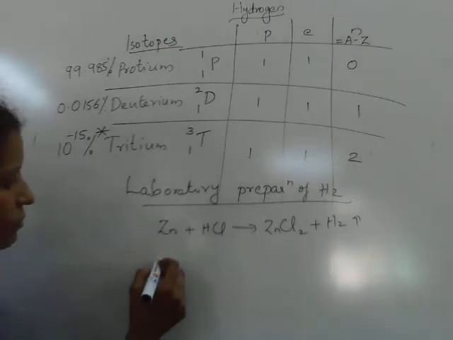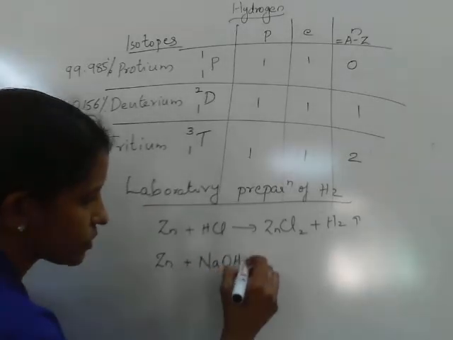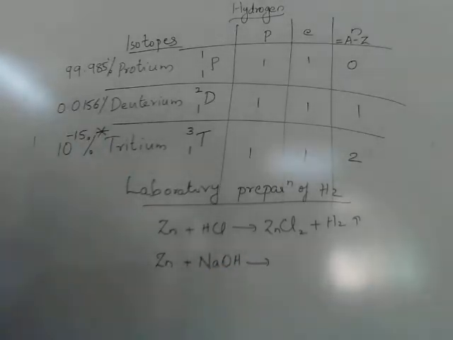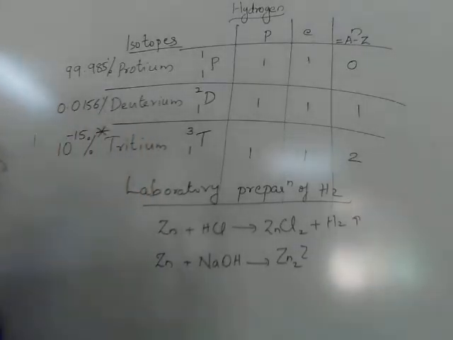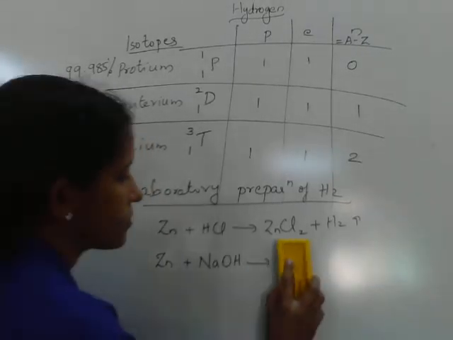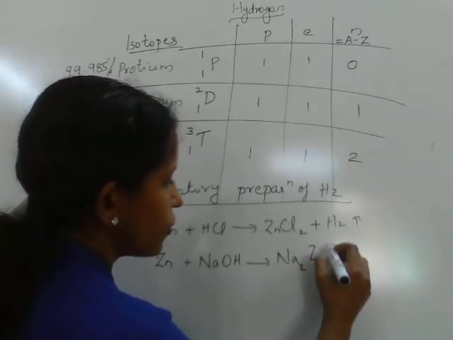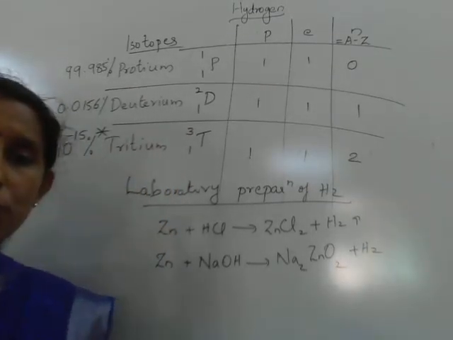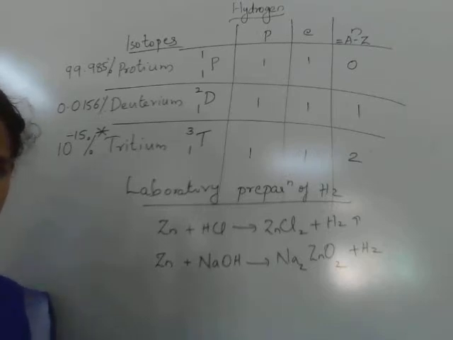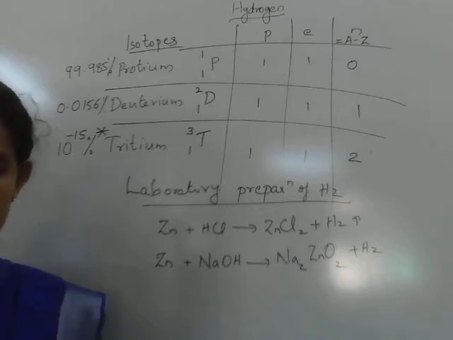It can also be prepared by reacting zinc metal with a base, NaOH, sodium hydroxide. Here we get a salt of sodium and zinc, that is sodium zincate, Na2ZnO2, and hydrogen. So this is the laboratory method to prepare dihydrogen: treating zinc metal with HCl or with a base NaOH.